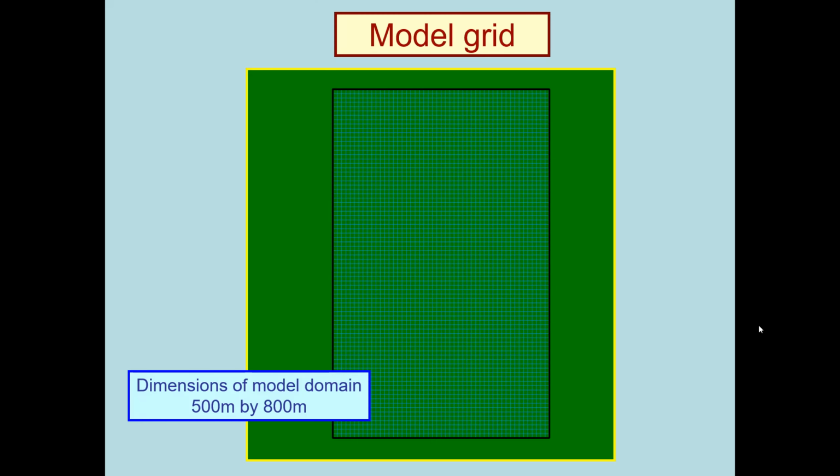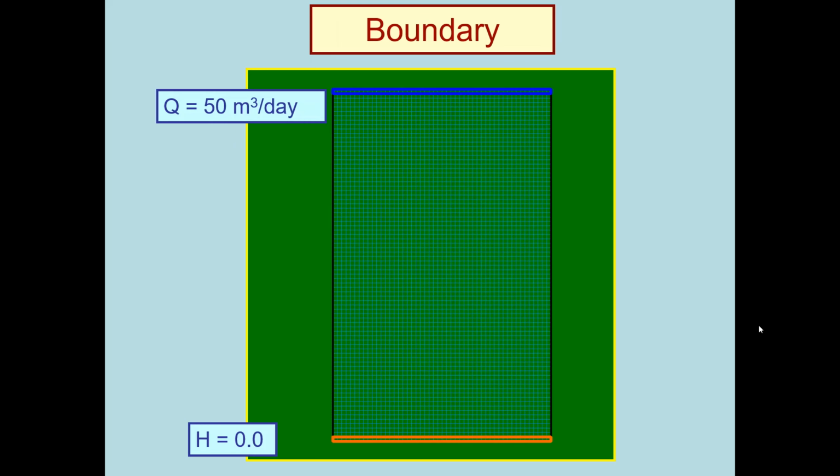To illustrate this, let's look at a case that was explored by a student of mine quite a few years ago. Here we have a synthetic model. We have water flowing in at the top of the system, and we have a fixed head at the bottom of the system.